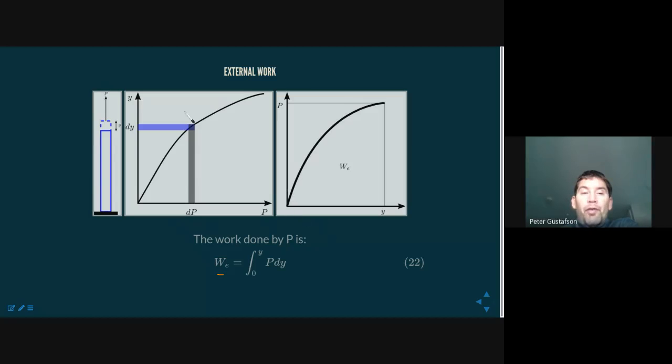Now we can flip-flop these two axes, and I can put y on the bottom axis and P on the top axis, and again express this curve. And now we see work as being an integral under the curve. So it amounts to an area under the curve of the response of P versus y.